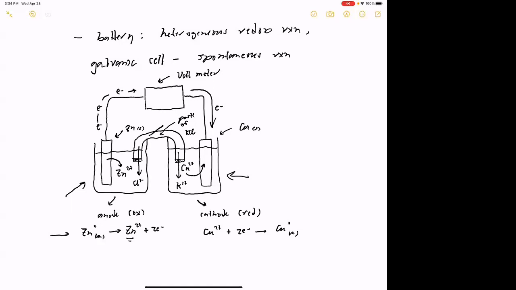And in this case, what we're talking about is the gain of electrons by copper-2+ to form copper metal. So we can see in that beaker what we have is copper-2+ ion, which we placed into solution, say as a soluble copper-2+ salt, picking up 2 electrons to form copper metal, which actually plates out on the copper electrode. So again, where do the electrons come from to facilitate that reduction?